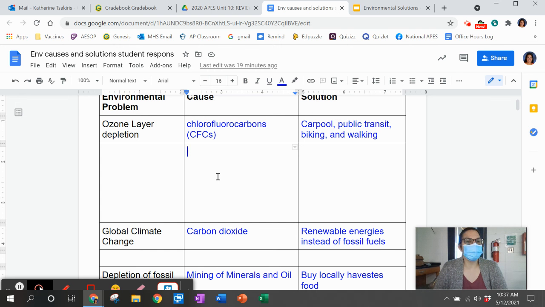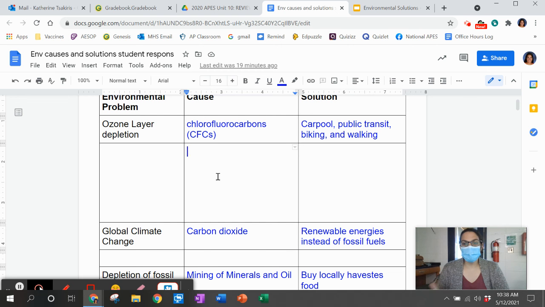Okay, the cause of ozone layer depletion is an increase of chlorine atoms in the ozone layer that destroy ozone molecules. Okay? The presence of CFCs, human anthropogenic CFCs, getting up into the stratosphere and destroying ozone molecules. You need to give a bit more than this.